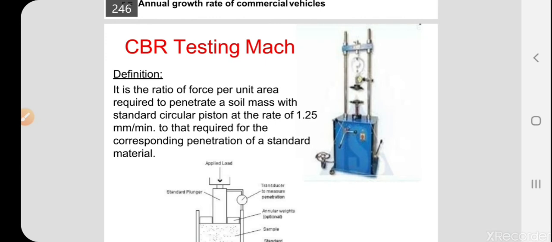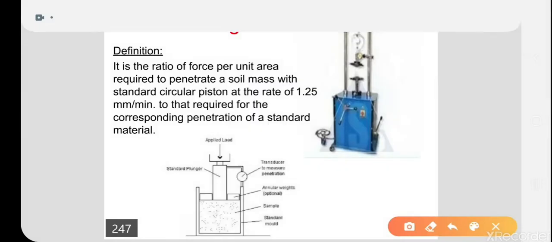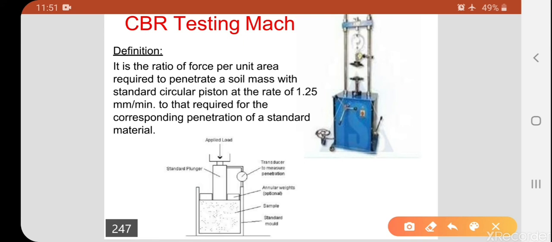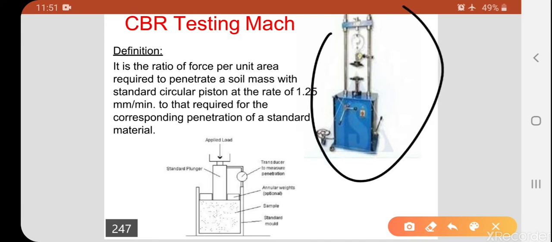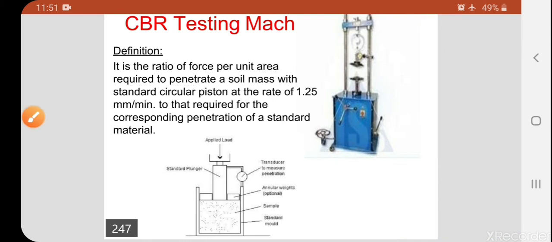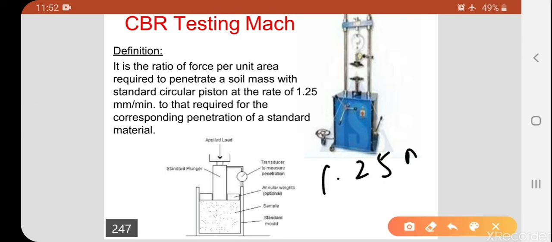CBR testing. This can be seen in our laboratory also, nothing but a CBR testing machine or California bearing ratio testing machine. Definition: it is the ratio of a force per unit area required to penetrate a soil mass with a standard circular piston at the rate of 1.25 mm per minute.